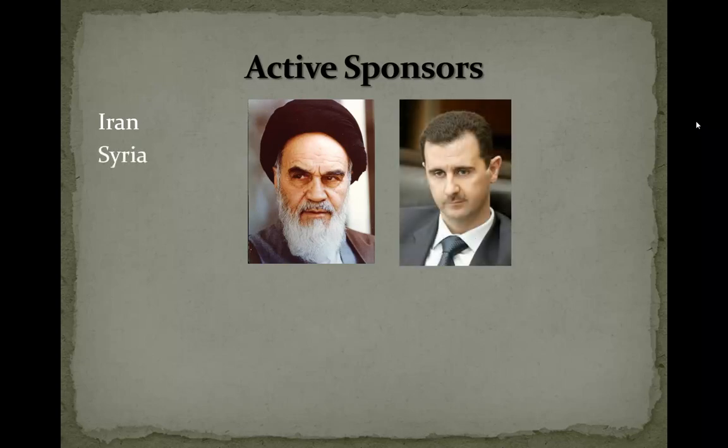Second is Syria, which has been on this list even longer than Iran. It's been on the State Department list since 1979. And it's on the list primarily because it provides political and material support to Hezbollah, as well as political support to Palestinian groups like Palestinian Islamic Jihad, Hamas, and the PFLP.